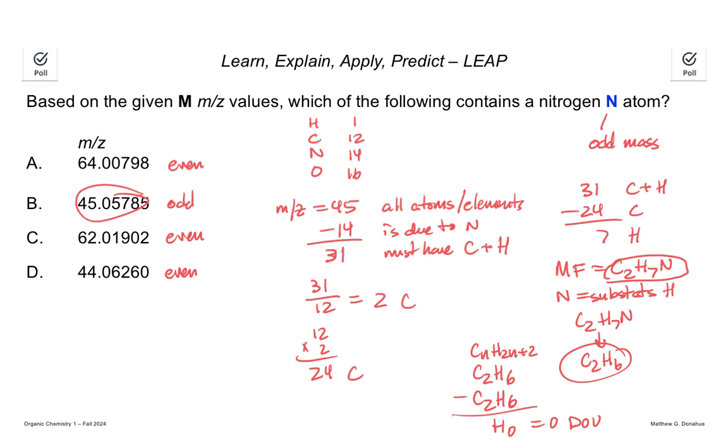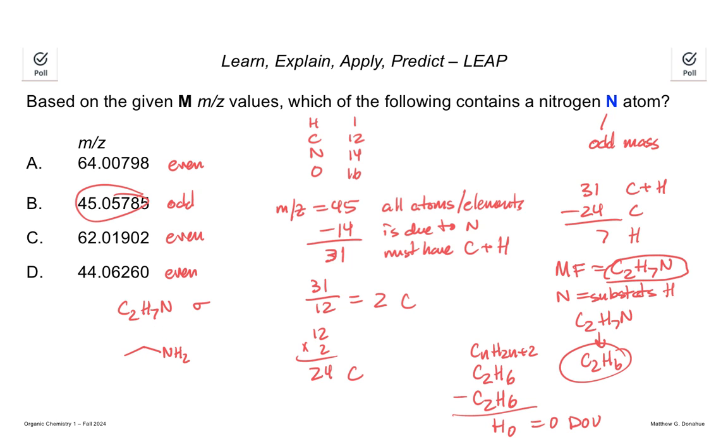And then we could go even further. C2H7N is basically telling us we must have all sigma bonds. So we can't have any pi bonds. We can't have any rings. There's no degrees of unsaturation. So we could say, okay, here's 2 carbons. Now I need to bond it to a nitrogen. And then I end up with 3 hydrogens plus 2 plus 2, that's 7.